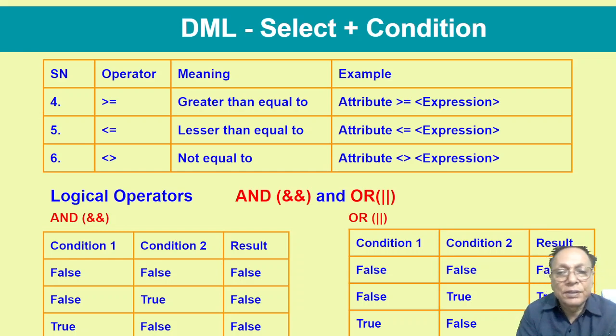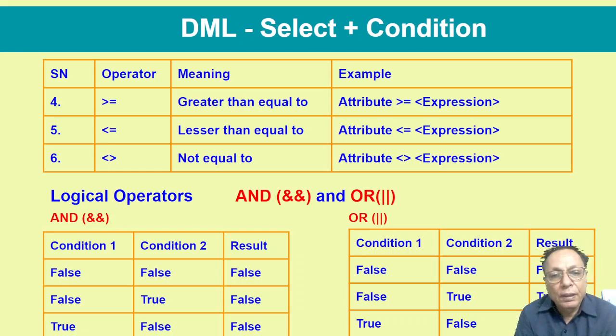Whichever condition is there, if it is satisfied, the records will be selected. Likewise, less than or equal to: attribute less than or equal to expression. And here is not equal to. You can use the not and equal sign, which will also work for not equal to: attribute not equal to expression.